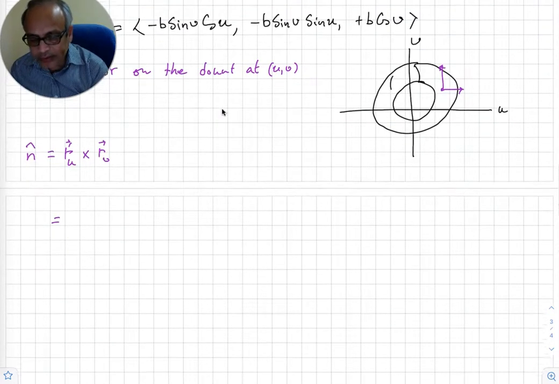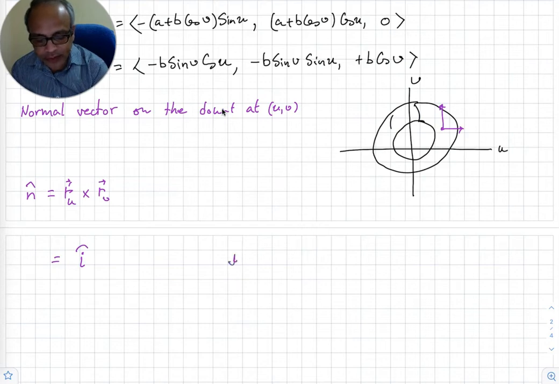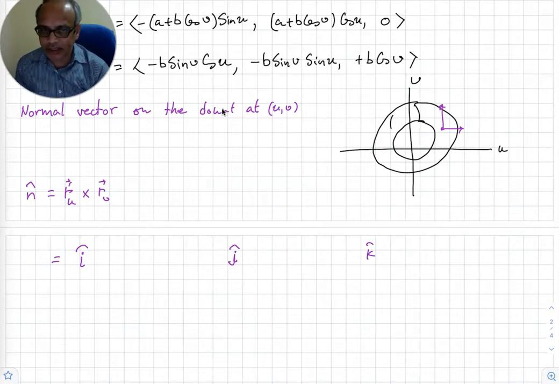In order to calculate the cross product, we need to form a matrix, and the first row of the matrix are just unit vectors in Cartesian coordinates. Well, we have done a coordinate transformation, moved from Cartesian coordinates to the UV coordinates, but for doing the cross product, because we have a mapping between UV coordinates and XYZ coordinates, we will still be looking for the unit vectors in Cartesian coordinates.